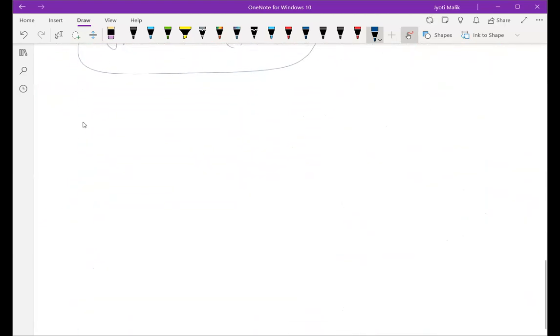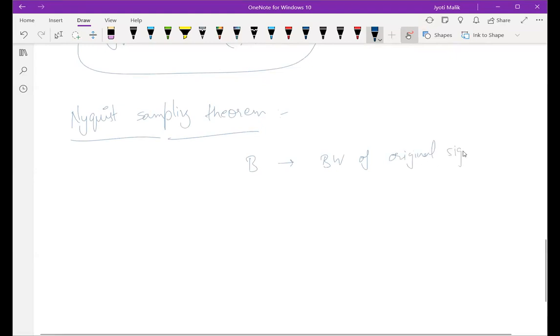Then after this, we also have the Nyquist sampling theorem. It also says the same thing. It says that if B is the bandwidth of your original signal, then you need to sample the signal at the minimum Nyquist rate to reconstruct the signal back.